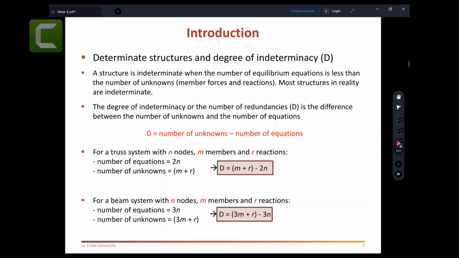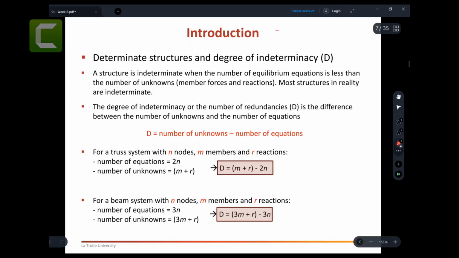Before moving on to the actual methods, let me give you some vocabulary. Vocabulary means there are some new terminology introduced here, and I will explain that very slowly. Now, a structure is indeterminate when the number of equilibrium equations is less than the number of unknown values. As I mentioned, how many equilibrium equations?